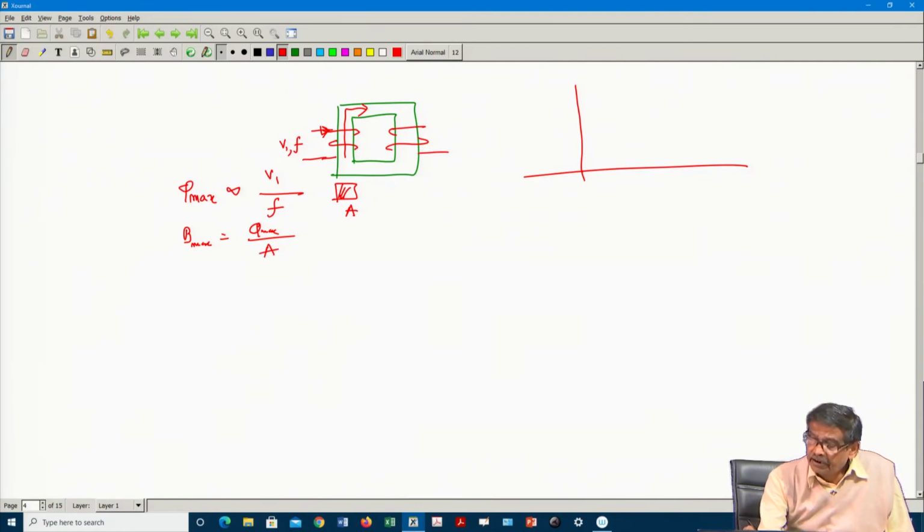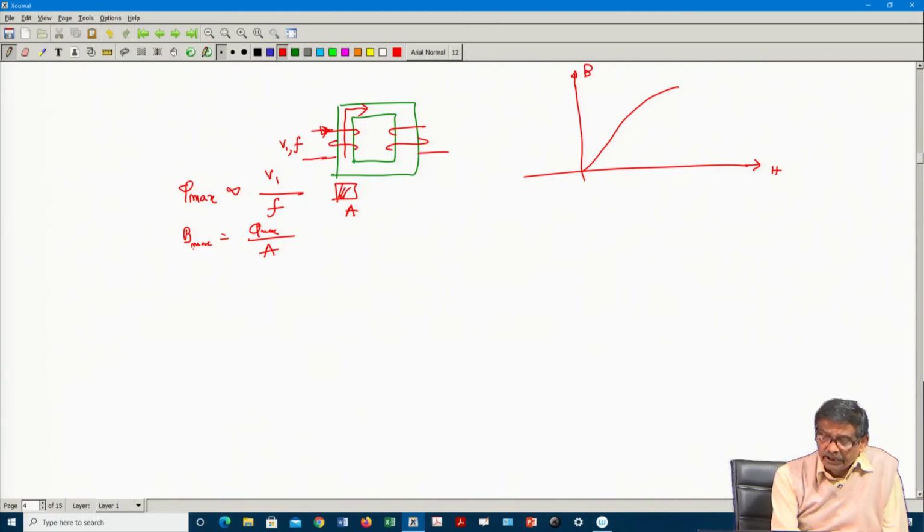The BH curve of the material, suppose, is like this. I am not showing the hysteresis loop to simplify the matter. So, this is your B and this is your H, the flux density curve. Then you say that okay, the core has produced B max. To produce this B max, how much current is necessary?